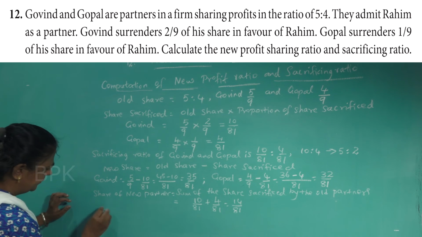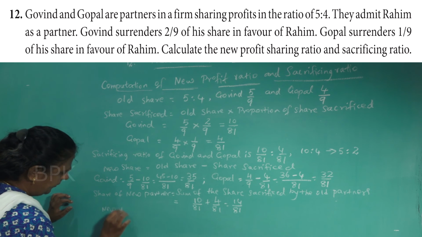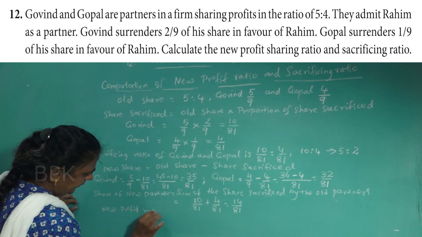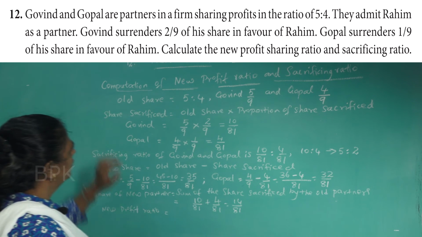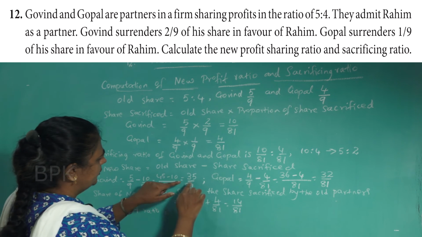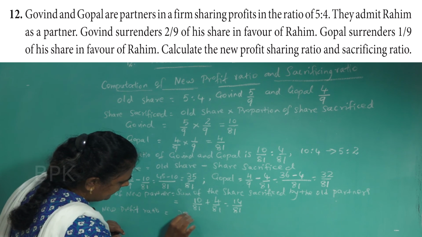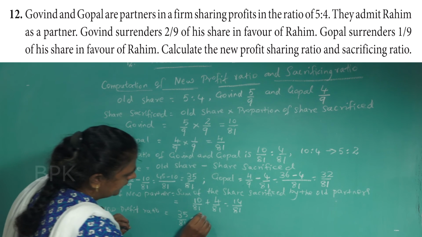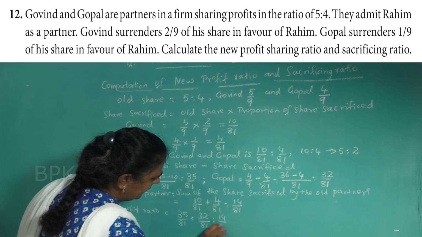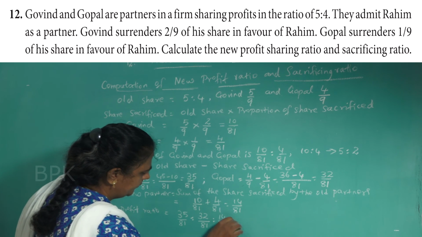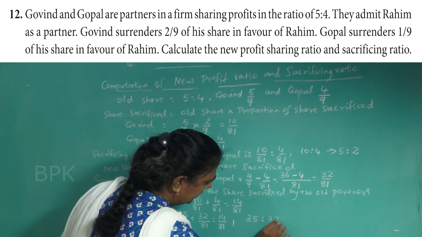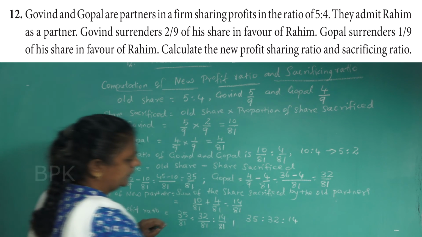Okay, so the new profit sharing ratio of Govind, Gopal and Rahim, what is the new ratio? 35 by 81, 32 by 81 and 14 by 81, that is 35 is to 32 is to 14.